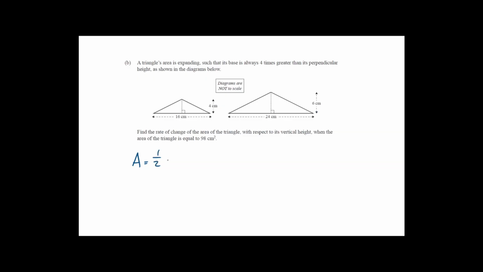But we want the area as a function of height. So the base is 4 times the height, therefore the area as a function of height is going to be half times 4h times h, which is going to be 2h squared.